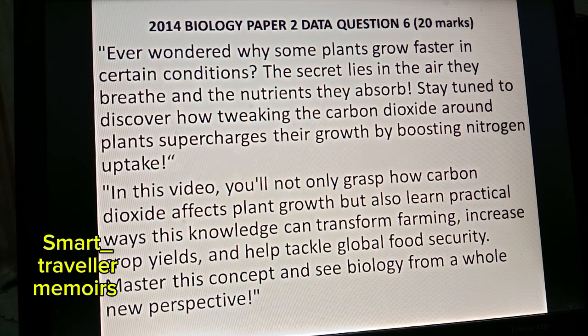Have you ever wondered why some plants grow faster in certain conditions? The secret lies in the air they breathe and the nutrients they absorb. Stay tuned to discover how tweaking the carbon dioxide around plants supercharges their growth by boosting nitrogen uptake.